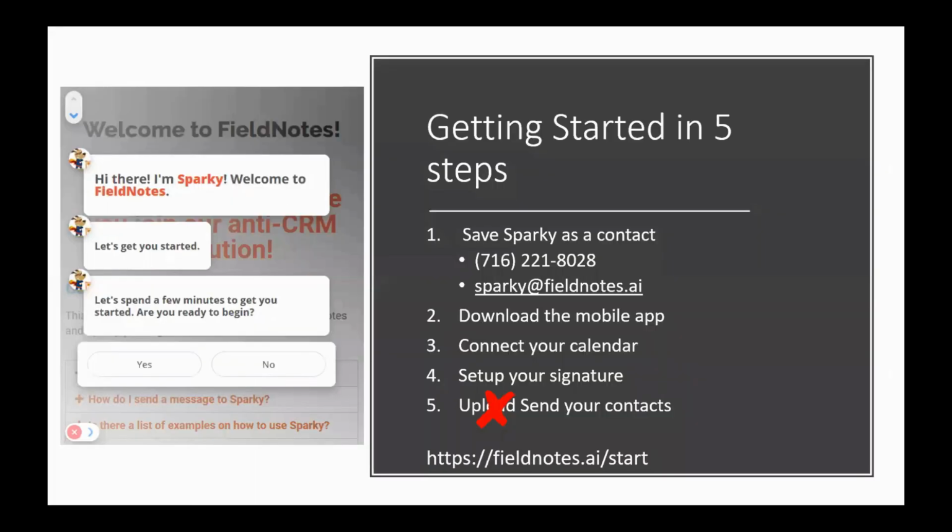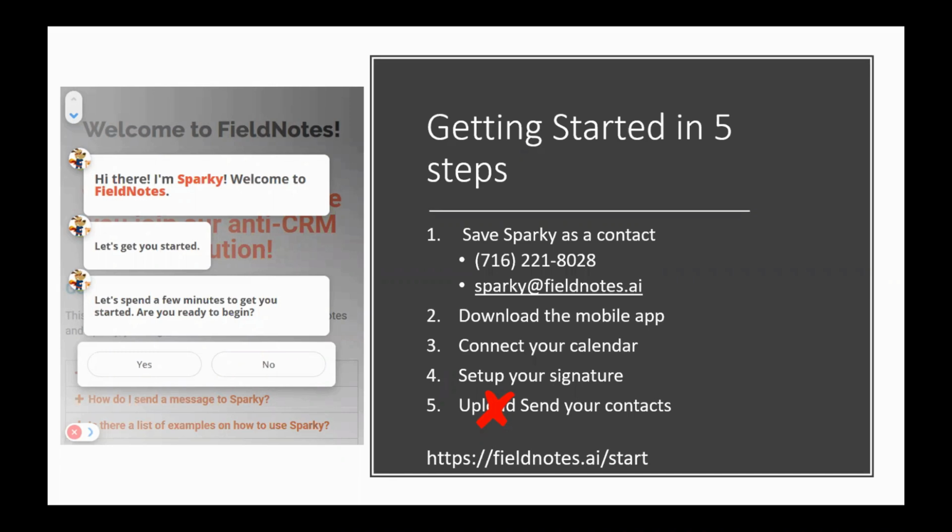So getting started with Sparky, it's super simple. We can actually walk through the steps on how to do it right now for agents that haven't been onboarded yet. The way Sparky works is we give you a phone number and an email address. Can you guys see it on the screen right now? It's the first touch point on the PowerPoint. Yes. Okay, perfect.